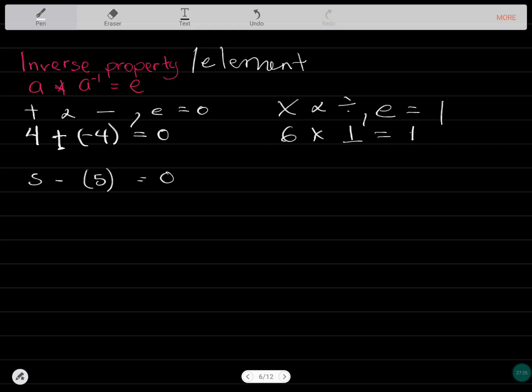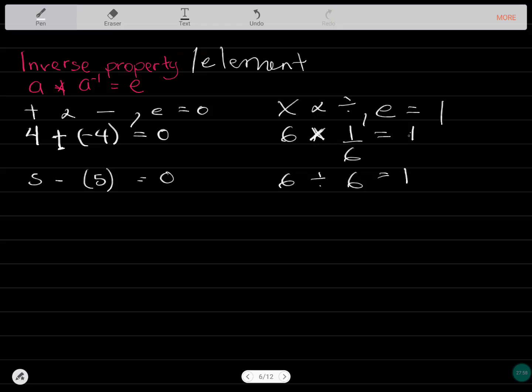That will have to be 1 over 6, which is the same as 6 inverse. For division, what do I divide 6 by in order to have 1? I have to divide 6 by itself. So the identity element for multiplication and division is 1. When I pick multiplication, its inverse element is the inverse of the number, and that would give us 1.